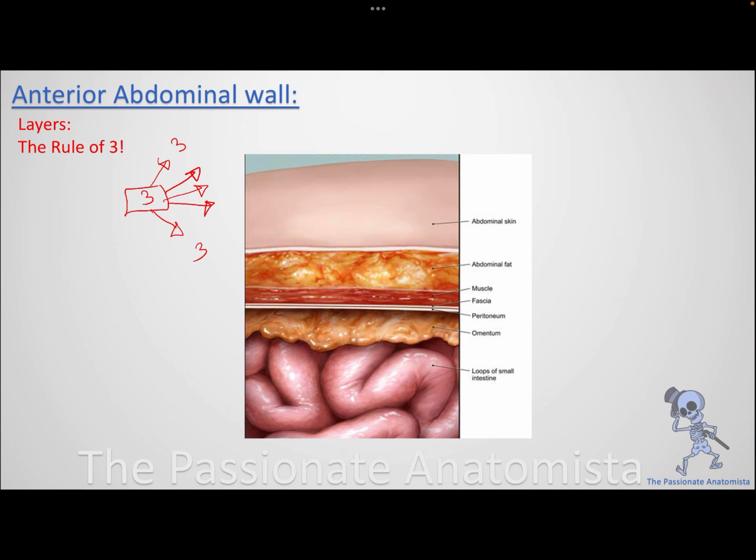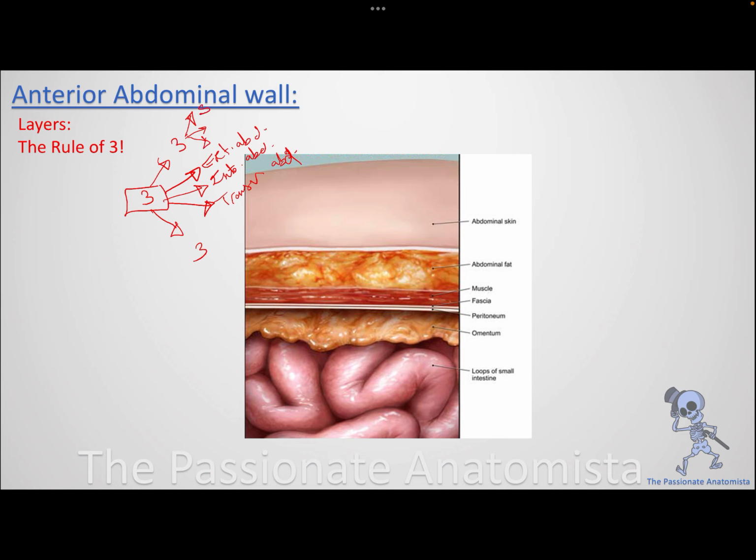So you have the external abdominal oblique, followed by the internal abdominal oblique, and then followed by the transversus abdominis muscle. These are the three muscles in the center.